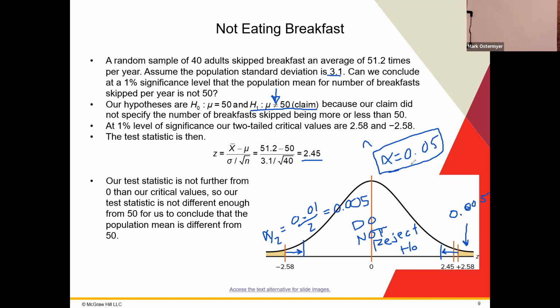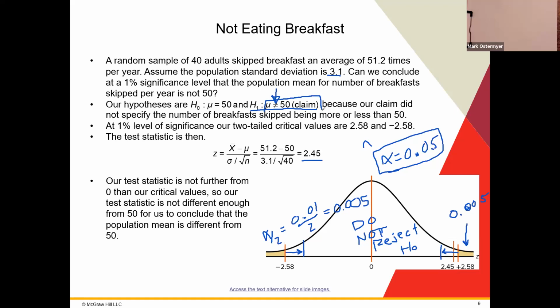Granted, we do stand a little larger risk of committing a type 1 error in doing that, from 1% up to 5% risk now. But if that still doesn't seem like a lot of risk for you, the researcher, if you're willing to take 5% risk, then go ahead. You can then reject your null hypothesis and say, okay, it looks like the claim is being supported by sample evidence.